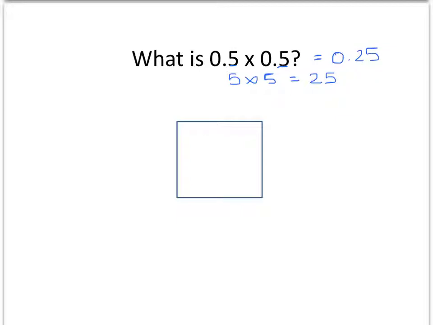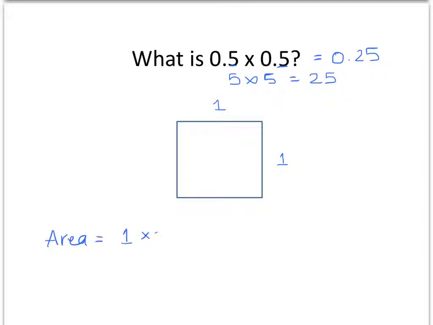Another way you can think about this is if we draw a picture. Now take a look at this square here. I'm going to pretend this square has a side length of 1. So that side length is 1 and that side length is 1. And I know to find the area of a square, I need to multiply the 2 sides together.